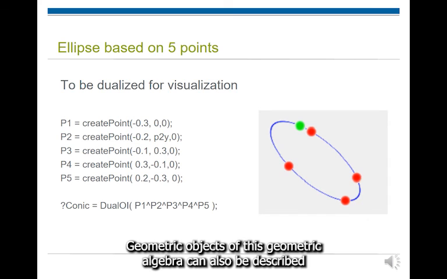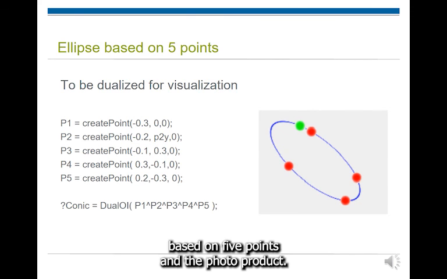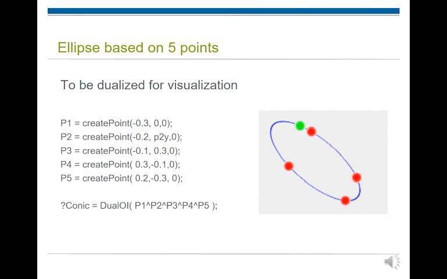Geometric objects of this geometric algebra can also be described based on 5 points and their outer product. Here in this example, we define the points P1, P2, P3, P4, and P5, compute the outer product, and the result is an ellipse.